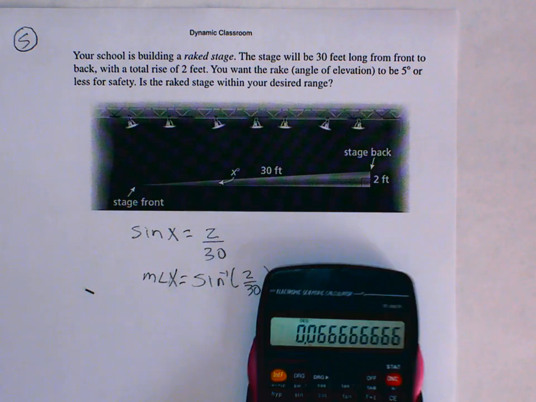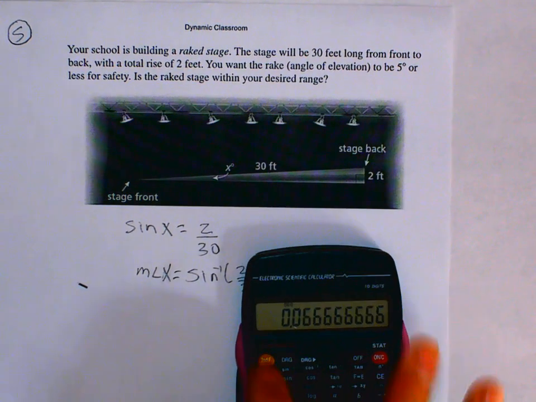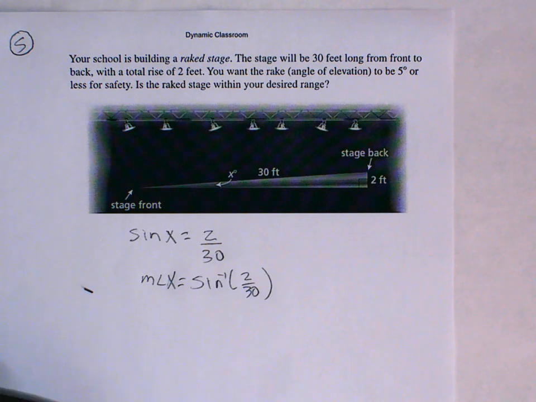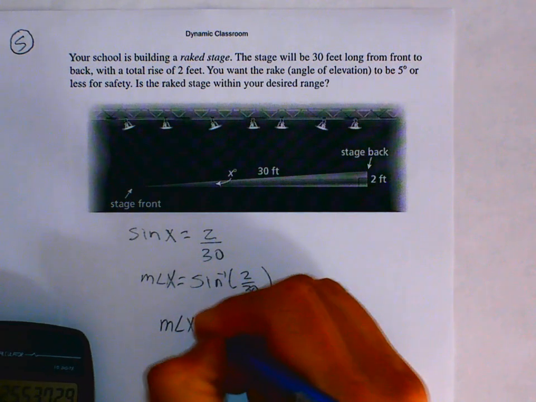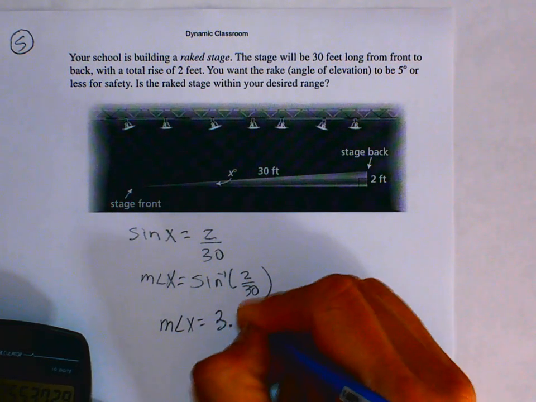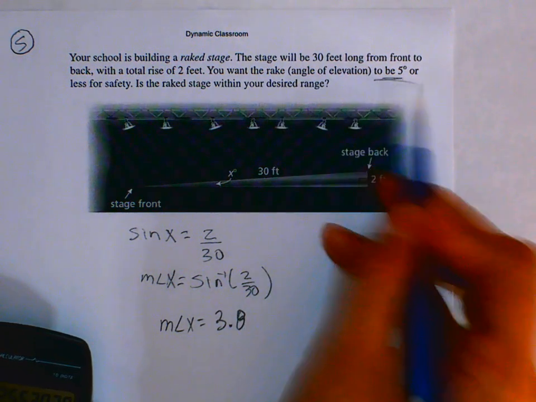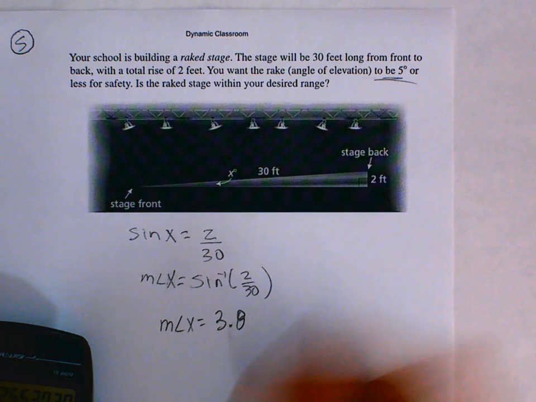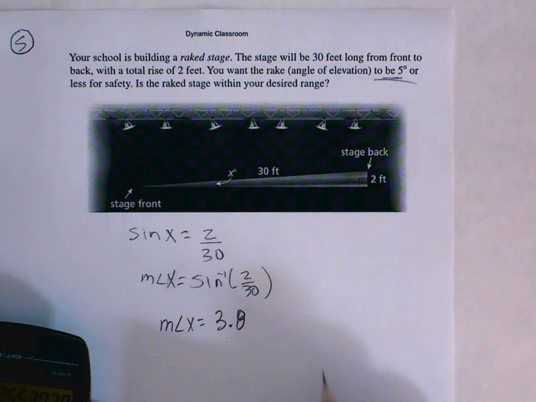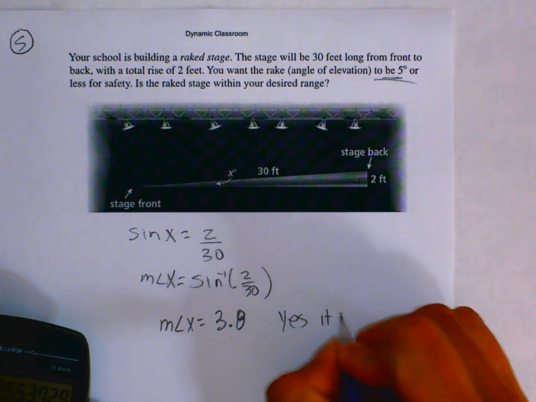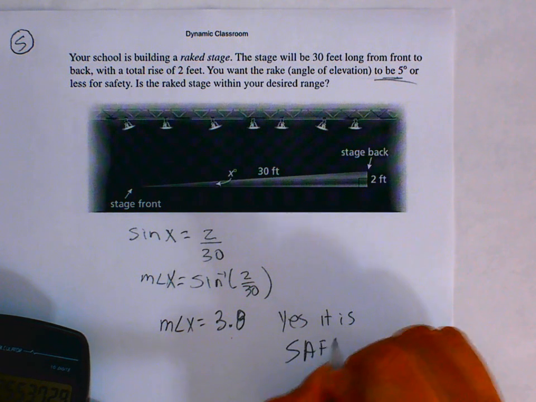It's going to give me all these numbers. And then I'm going to do second sine inverse, and the angle that I'm getting is about 3.8. So is this less than 5 degrees? Yes, 3.8 is less than 5. So is the stage safe? Yes, it is safe.